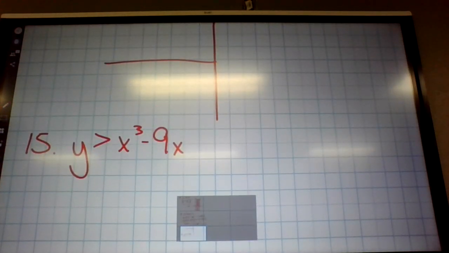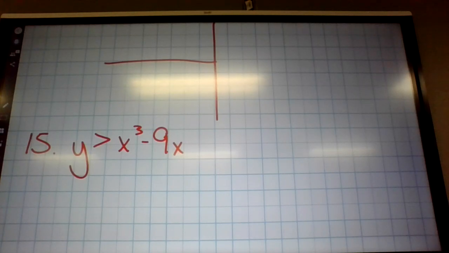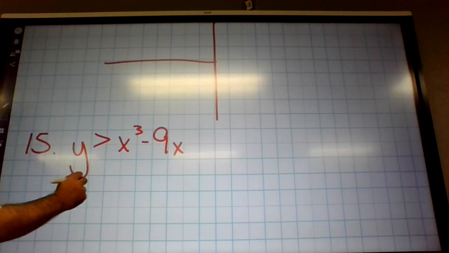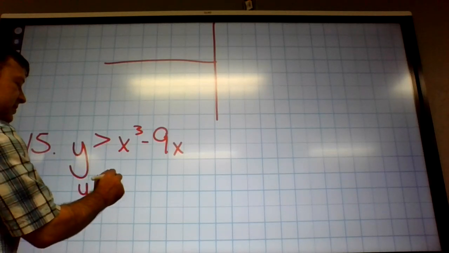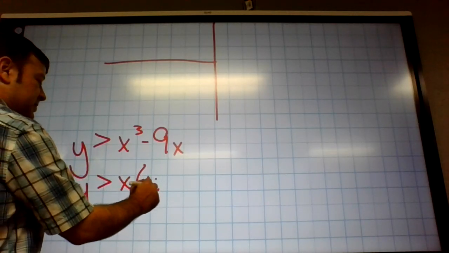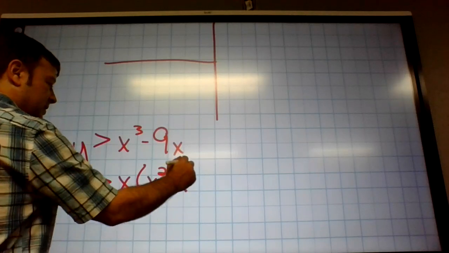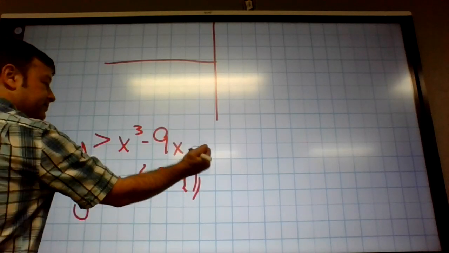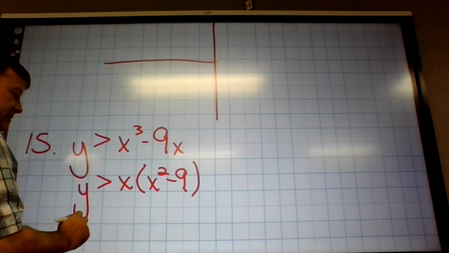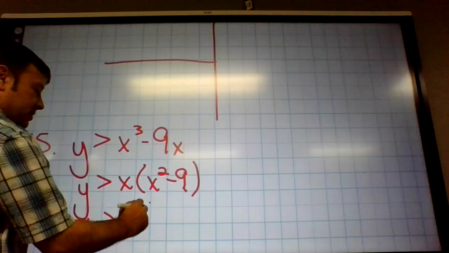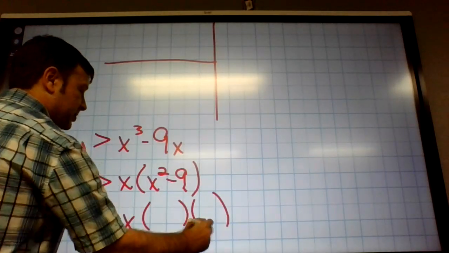All right. What do you guys think on this one? Any ideas? Well, it's not quite a square. Yeah, after you take an x out, it's a square minus a square. You should probably notice it's factorable. And yes, x minus 3, x plus 3.